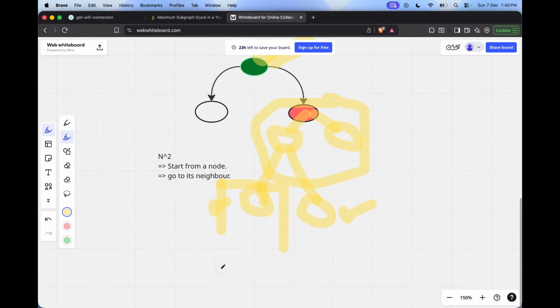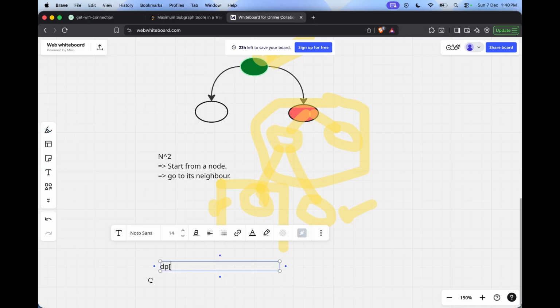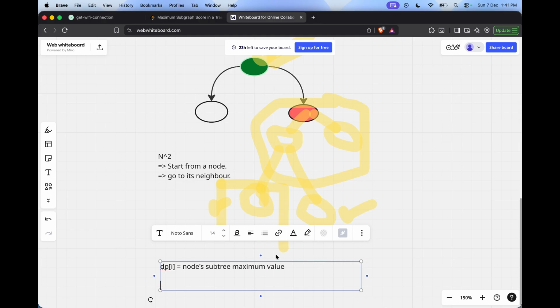The DP value says that if we consider the node's subtree, what is the maximum value we can get? All right, create a DP. DP at node I says the maximum value for its subtree. For now, we are not given the root, so let's take 0 as the root.